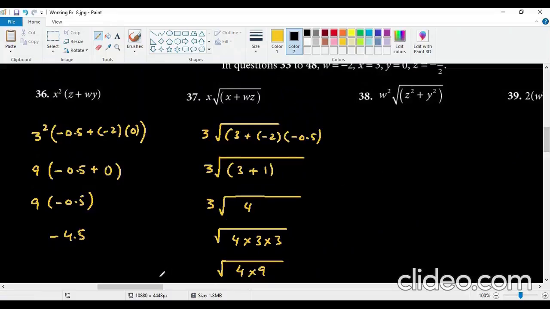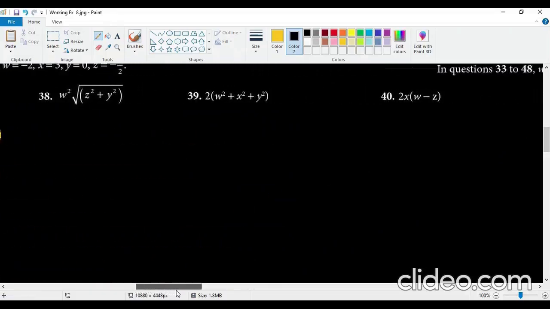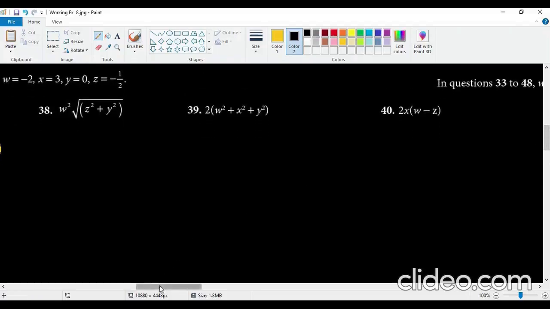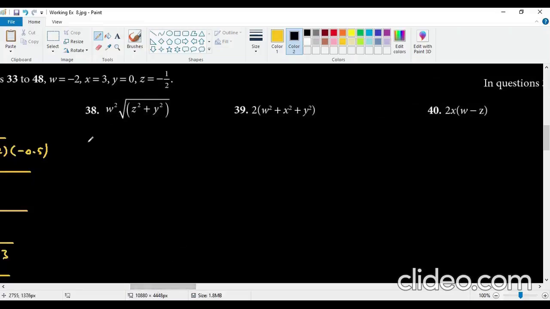Moving on to question number 38. This is the value of w, negative 2. Negative 2 will be outside with the square on it, and under the root this is z, which is negative 0.5, multiplied by itself, plus the value of y is 0 squared, and this is going to give you a plus 4.